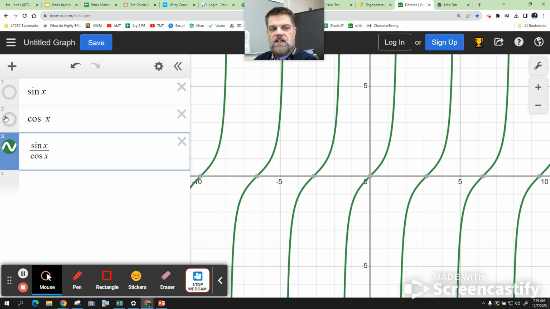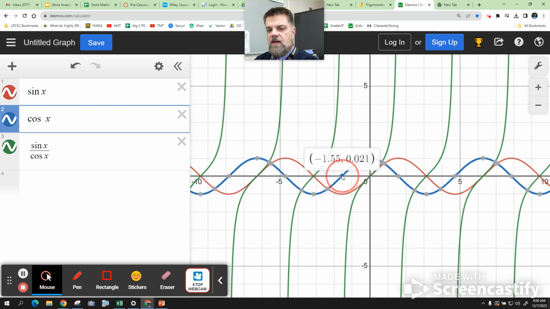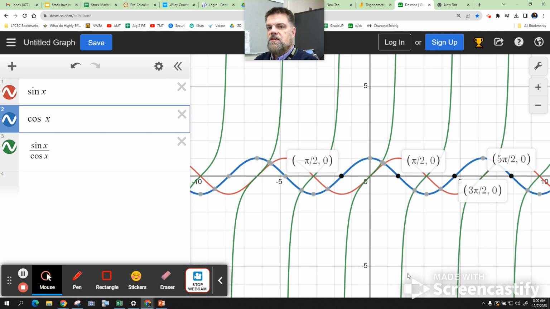Basically, what's going on is there's a number divided by the other number. And so notice that wherever cosine is equal to 0, there is a vertical asymptote. That's where tangent is not defined, right?